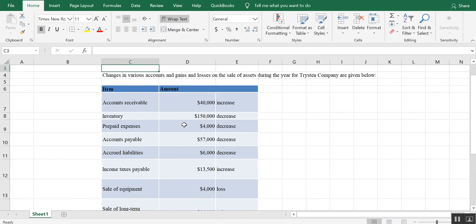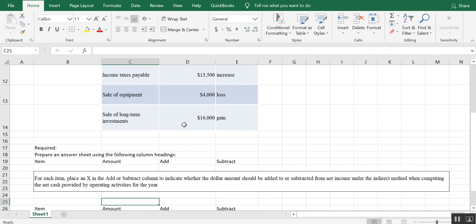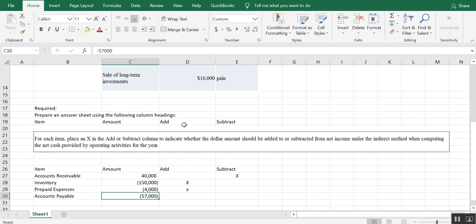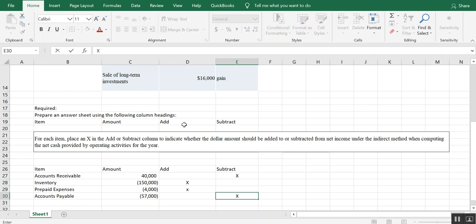Now, because accounts payable are liabilities and they decrease, that means we had to pay some of our accounts down. Therefore, this is going to be a subtraction in our statement of cash flows. So instead of an addition like we had here, we're going to have a subtraction.